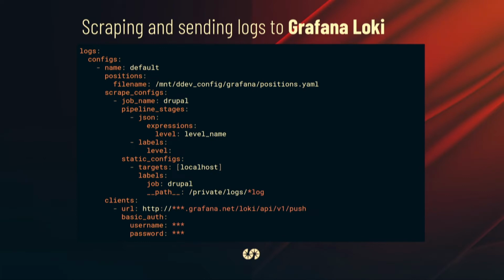Okay, for example, this is a simple configuration for Loki. Basically, we just tell Loki and Promtail where our logs are, where to send them, and some other information about labeling.